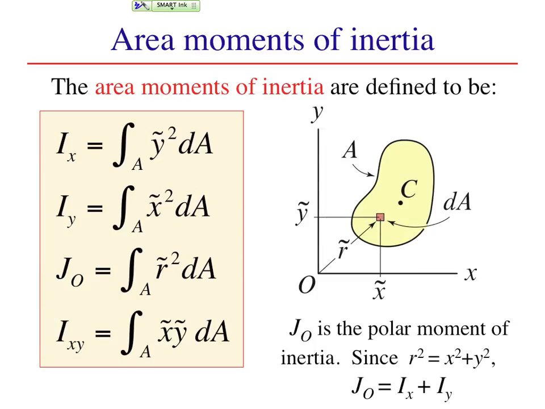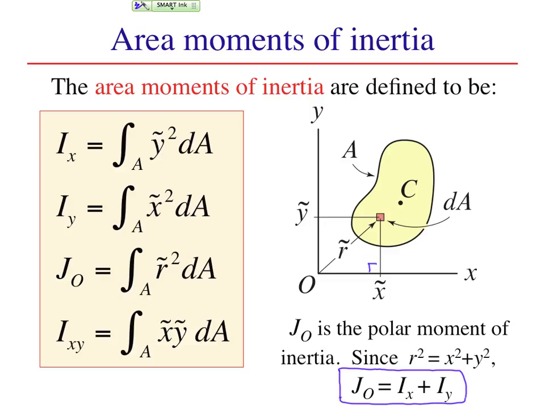Note also this very important relationship between J0, or Iz, and Ix plus Iy. And this follows directly from the relationship between the r tilde in the J0 integrand and the y tilde and x tilde in the Ix and Iy integrands.